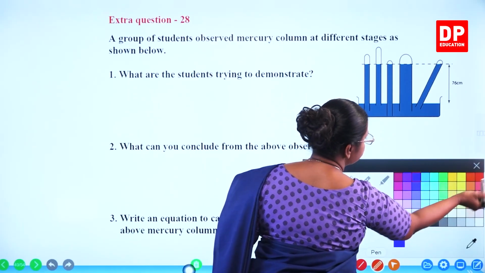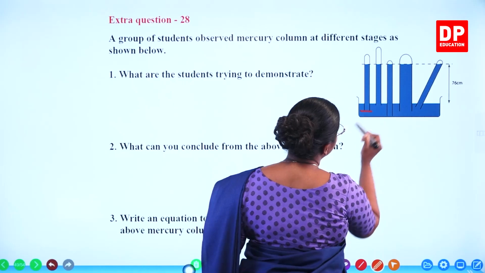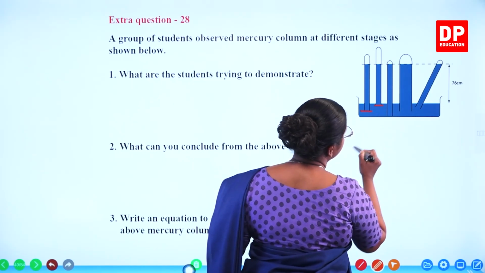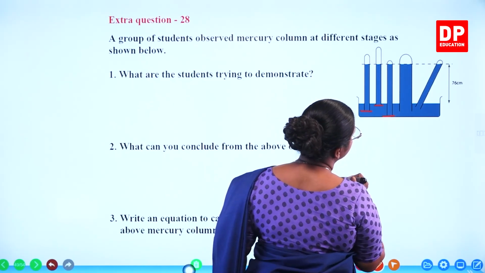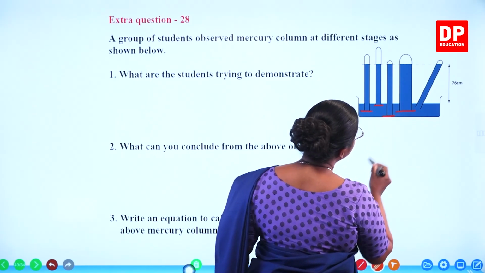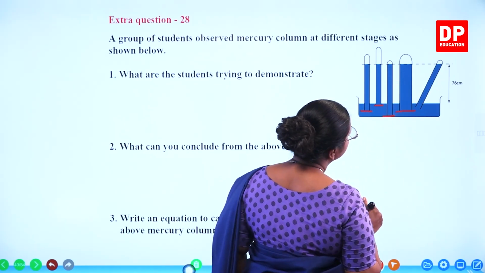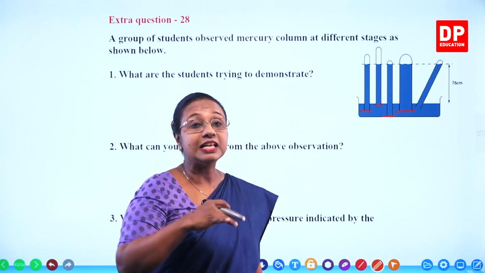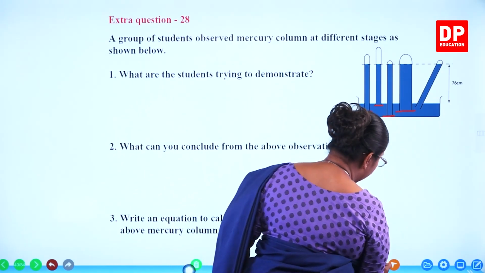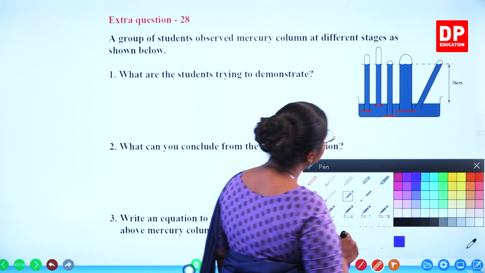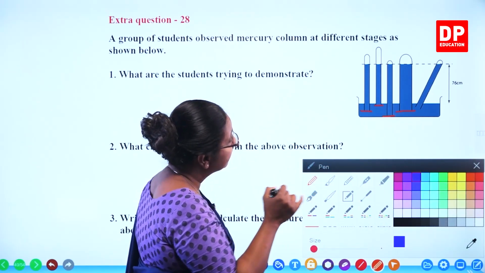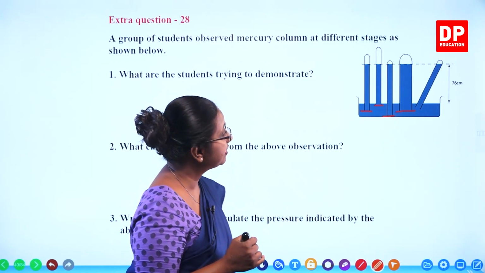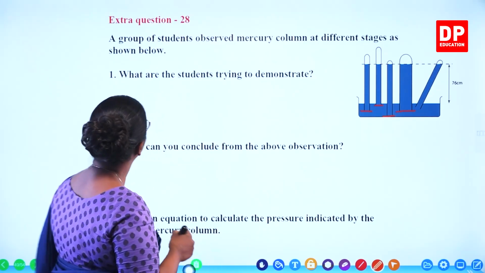Now the differences can be observed. Here the tube is at this point, here it is at this point, here it is right to the bottom. Here it is a broader tube, and there it is a slant or inclined tube. But the vertical height is the same, 76 centimeters.